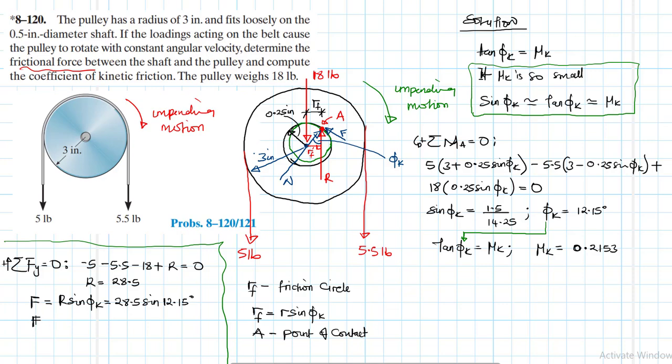F is going to be equal to, therefore, 28.5 times sine 12.15. This gives us 5.99, which is 6.